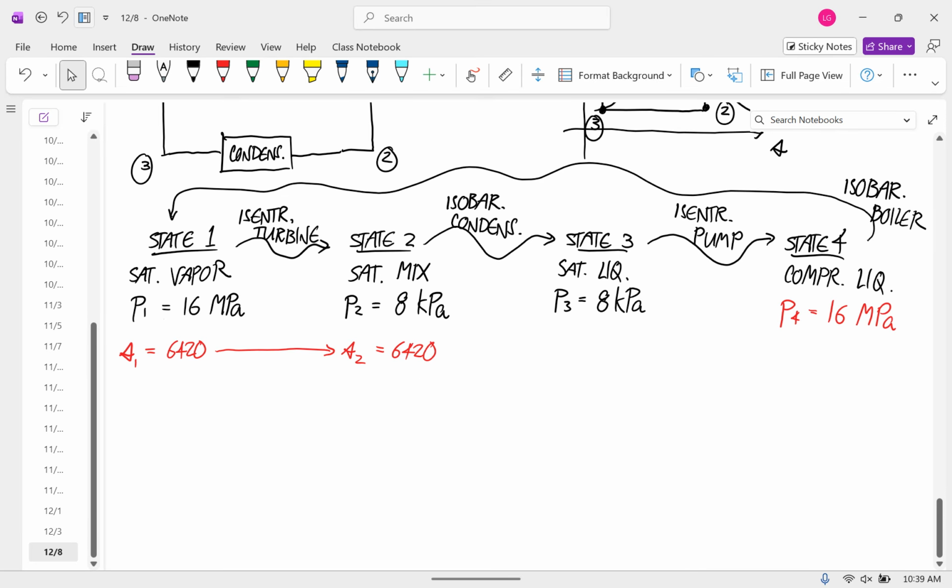So at state 2, to find this quality, we have 6420 is equal to X times the specific entropy for a saturated vapor at 8 kilopascals.